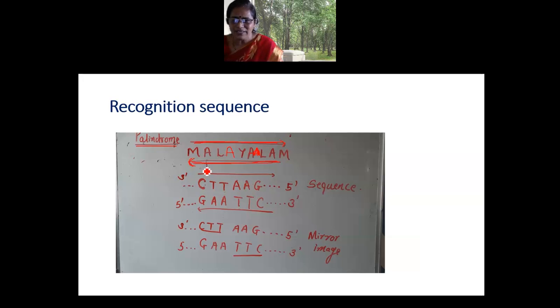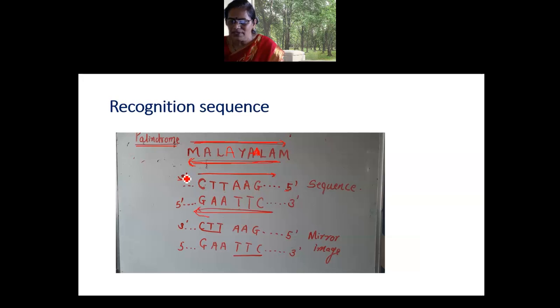But in case of DNA, what happens? It is the same sequence when we read forward as well as backward, when the orientation is kept the same. 3 dash and 5 dash is the orientation.